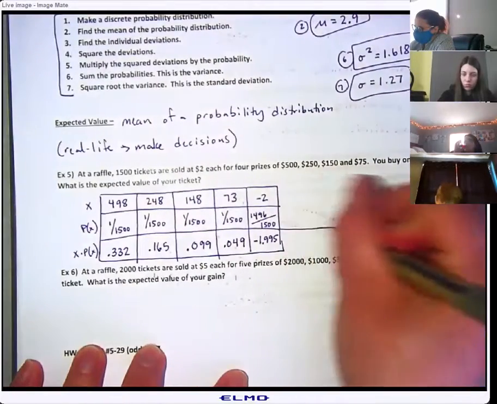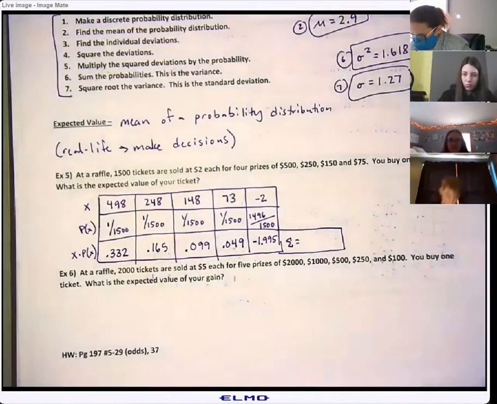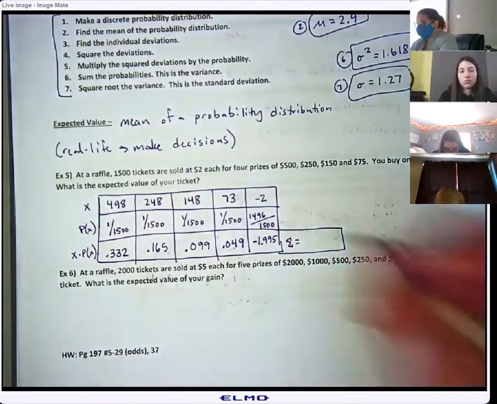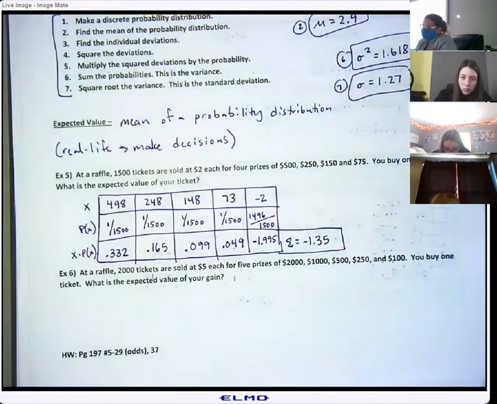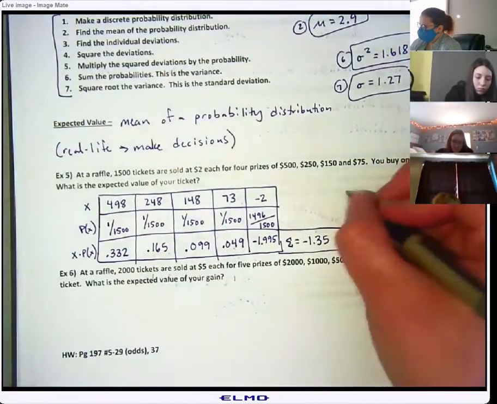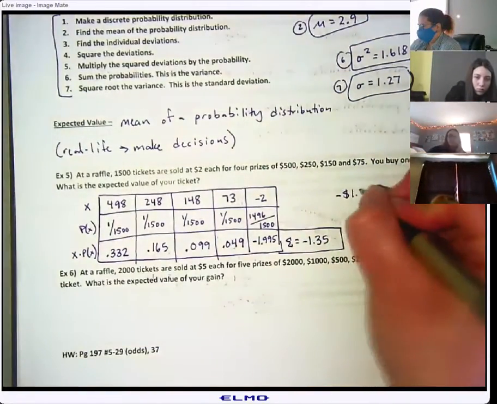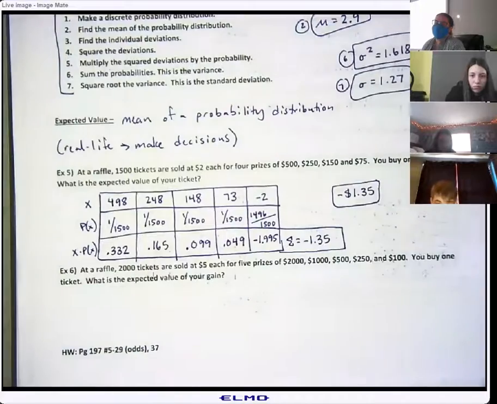Okay, then we're going to do a summation where you add all these together. You guys get the same thing as me? -$1.35.